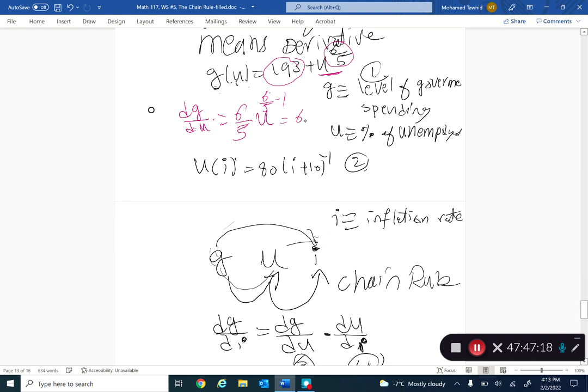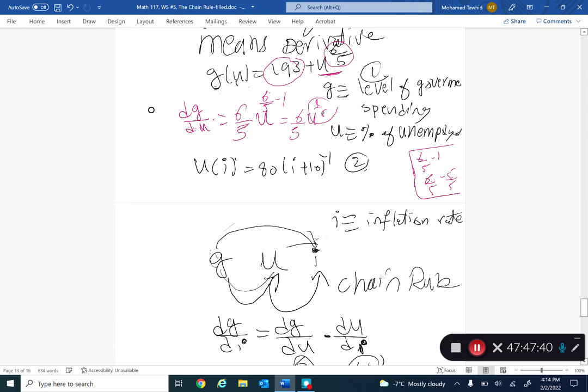You get 6 over 5, u to the power 1 over 5. Because if you want, you can write 1 as 5 over 5, so 6 minus 5, you get 1 over 5. That's the reason. I call this equation number 3, guys, in red.